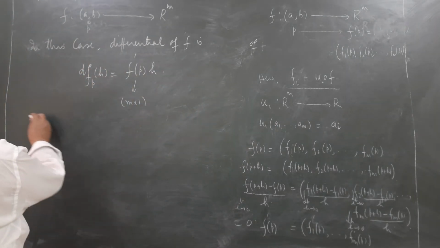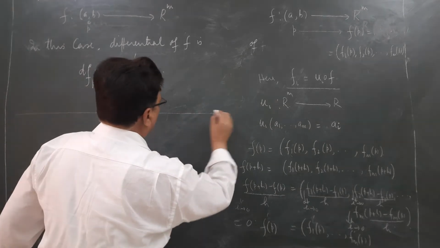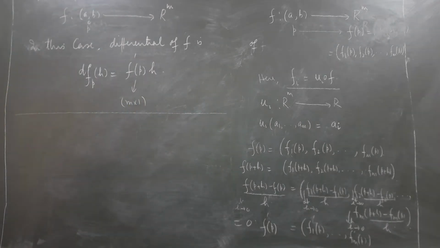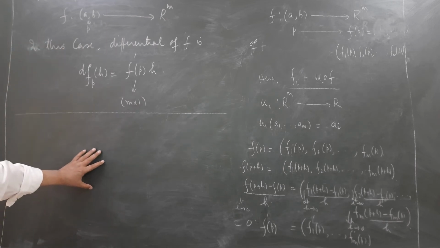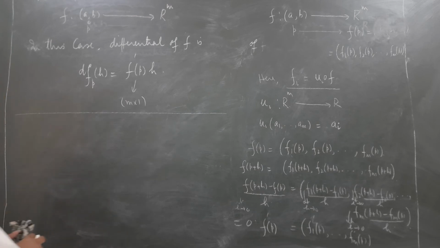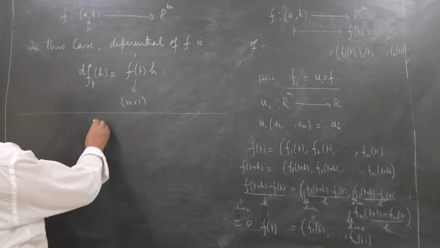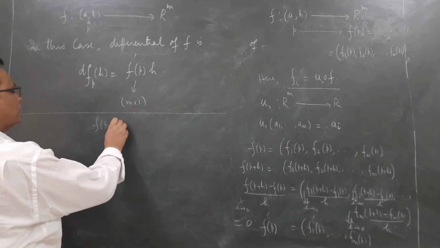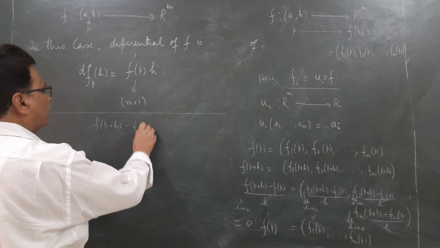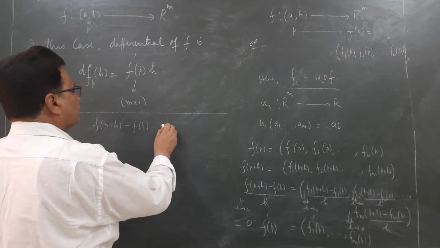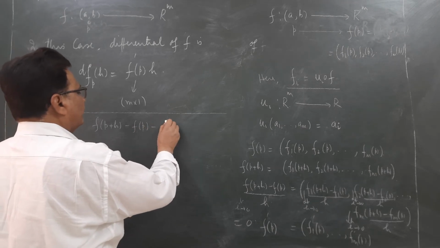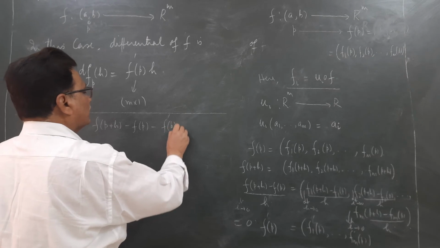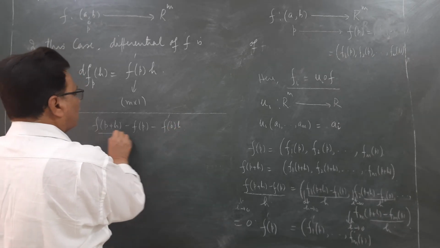Okay. Now there are some other important observations, or you can say characterizations. If you look at theorem number 1, which holds for this general case also, it says that the difference f of p plus h minus f of p minus df dash p into h, upon h.